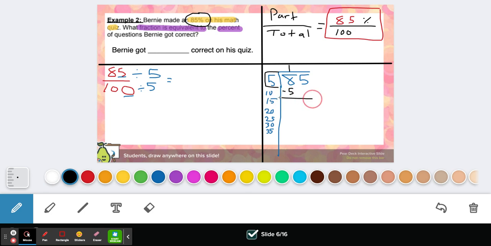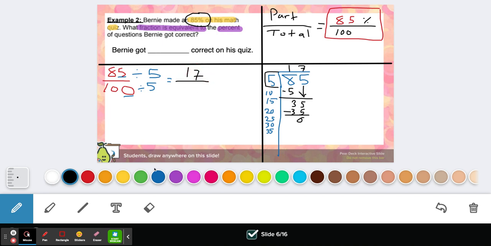I subtract; 8 minus 5 is 3. I bring down this 5. 5 can go into 35 exactly 7 times, counting 1, 2, 3, 4, 5, 6, 7. 5 times 7 is 35. I subtract and I get 0. So my numerator is 17.